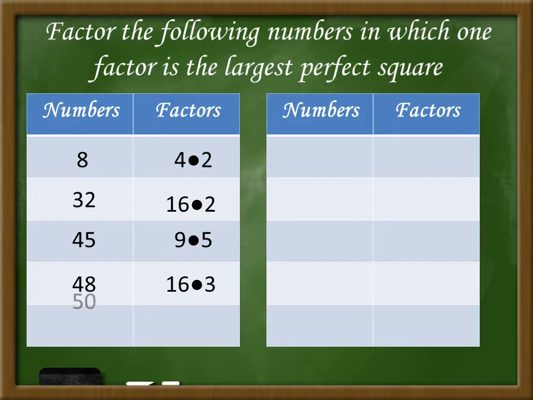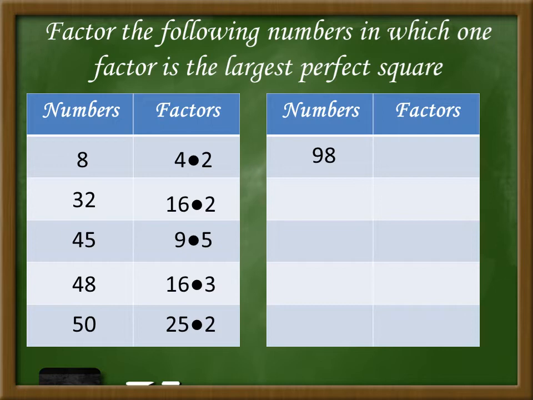Next number, 50. So what are the factors of 50? Very good. So you have 25 times 2. So your 25 is the largest perfect square factor. Next.